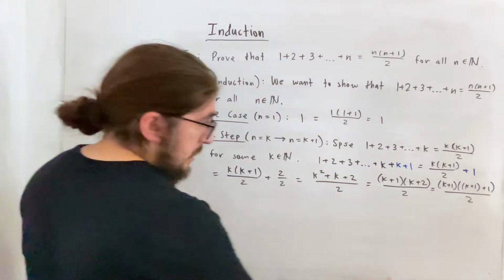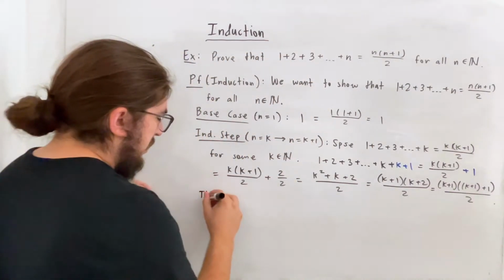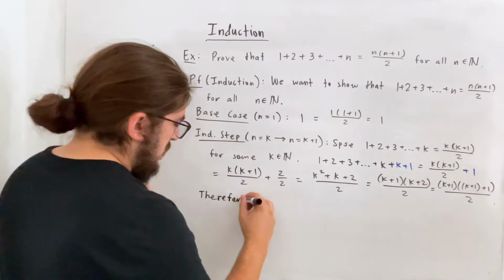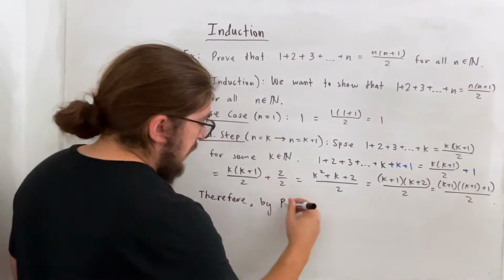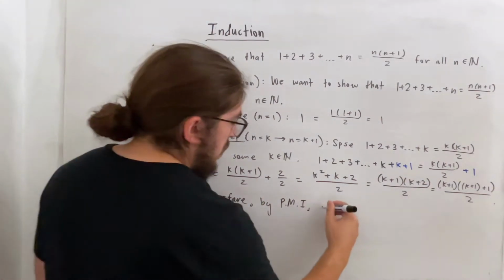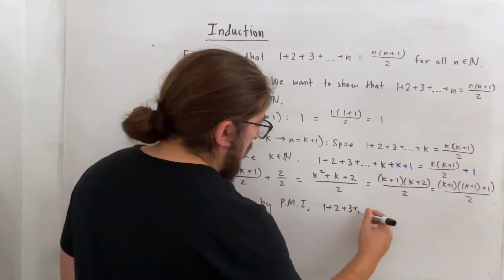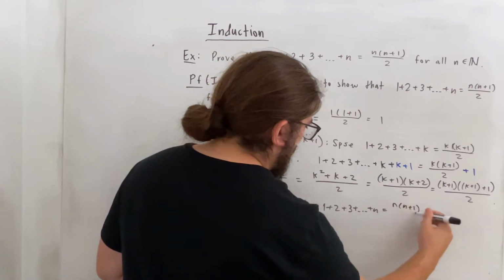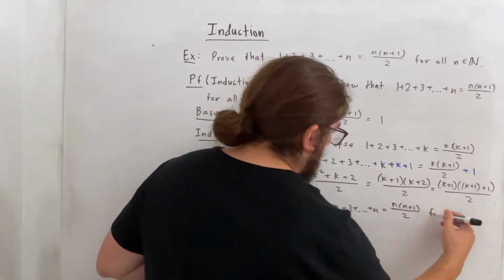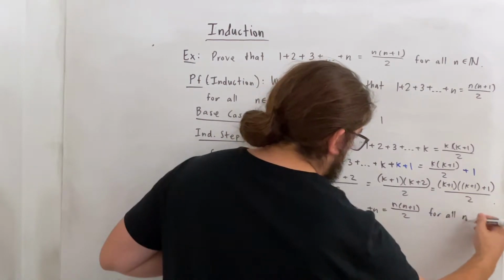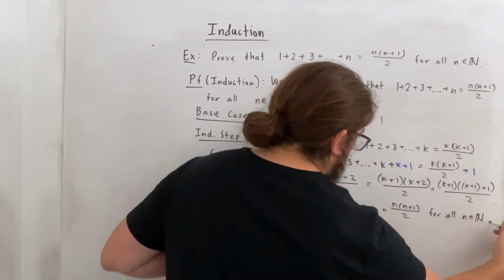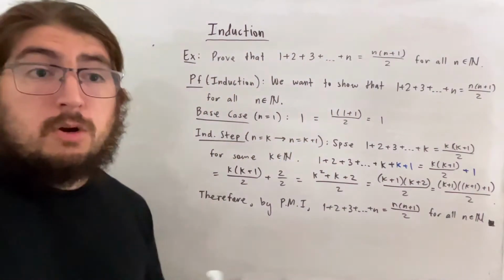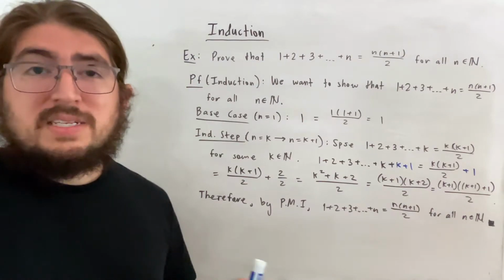That ends the inductive step, and we can say therefore, by the Principle of Mathematical Induction, or PMI for short, 1 plus 2 plus 3 all the way up to n is equal to n times n plus 1 all over 2 for all natural numbers n. That completes the proof. We get a nice tombstone saying that what has been asked to be shown has indeed been shown. Now we'll move on to the next example.